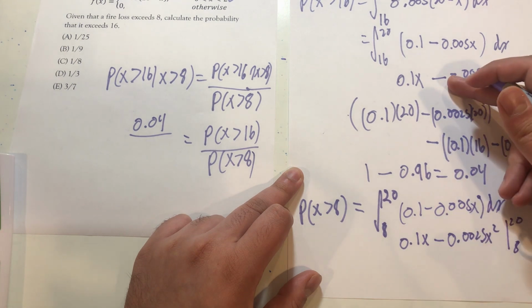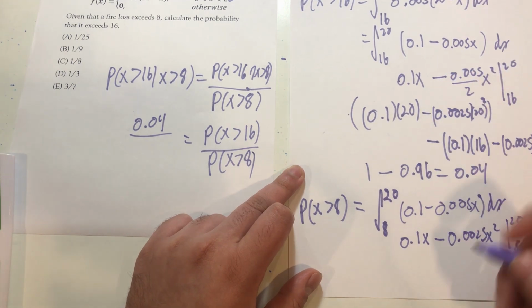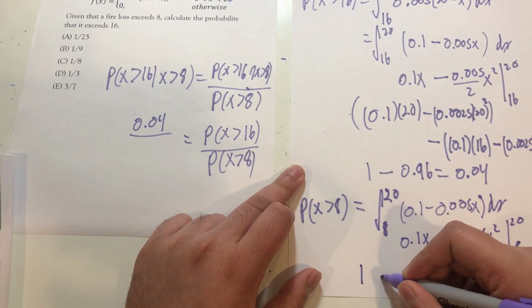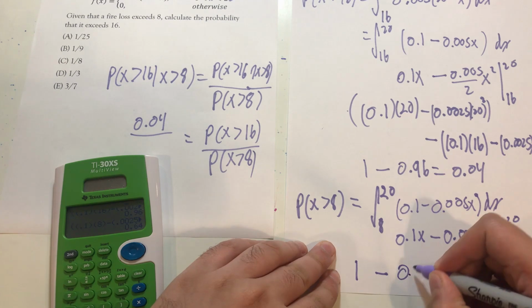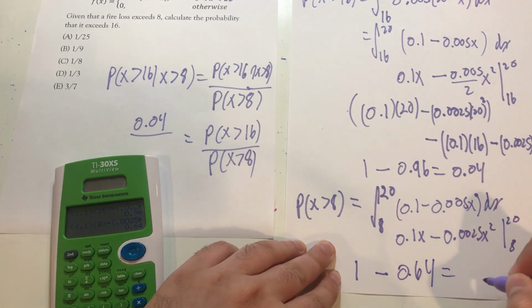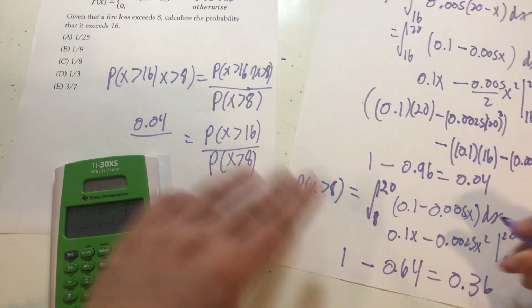Now, we know from the first bit that evaluating at 20 should get us 1, and this should be subtracted by this expression evaluated at 8. So doing that real quick gets us 0.64, and this equals 0.36.